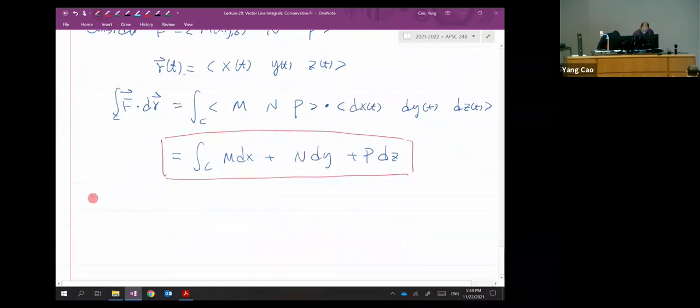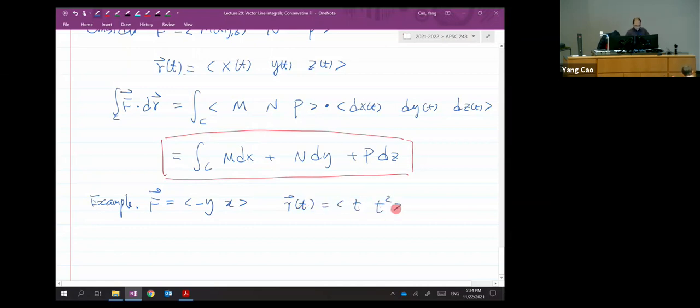Let me give you an example here. But based on my experience, I find a lot of students confused with this formula. So if you're not comfortable with it, I wouldn't suggest that you use it. But I want to demonstrate just one example here.